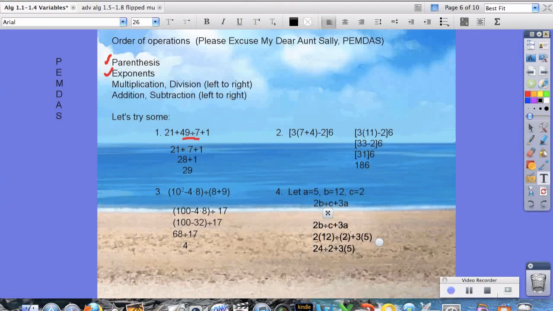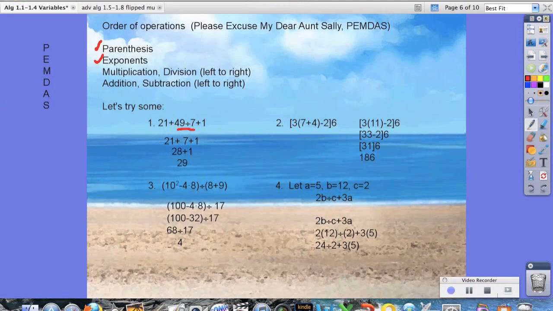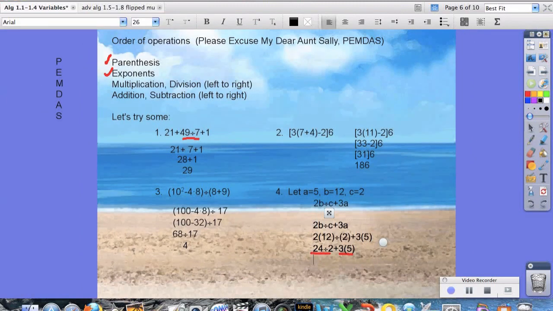Notice again, we have division here, and we have multiplication here. So hopefully you're paying attention, and because it says from left to right, we're going to do the division first. So 24 divided by 2 is 12, plus 3 times 5. That gives us 12 plus 15, and 12 plus 15 is 27.